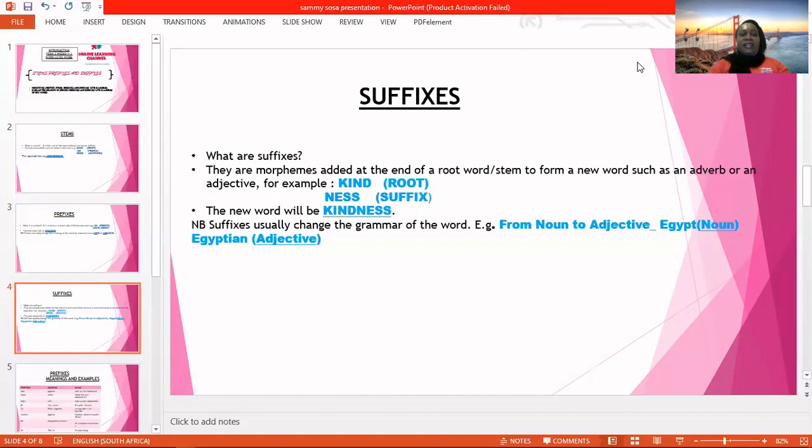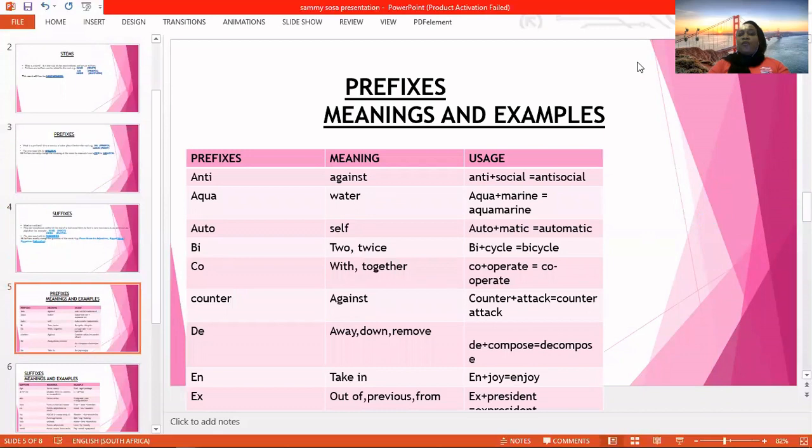Let's look at examples of prefixes and how they are used. I have selected the most commonly used prefixes. Look at the prefix there, anti. Anti will mean against. And when we put anti and social, which is the root word, we will have antisocial as a new word.